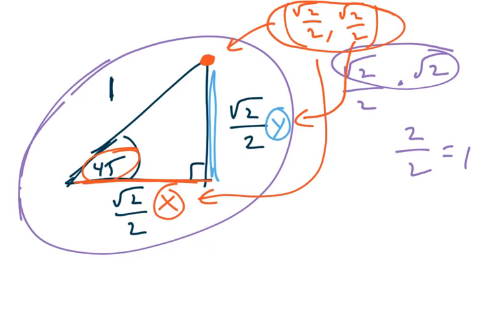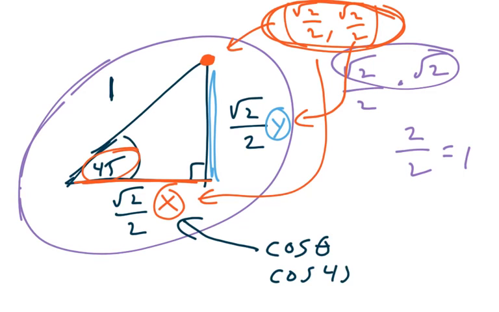We know the coordinates of the point at the tip of that 45-45-90 triangle are square root of 2 over 2, square root of 2 over 2. Now, remember also, guys, in the previous video, we learned that x is also the cosine of theta, and our theta is 45.